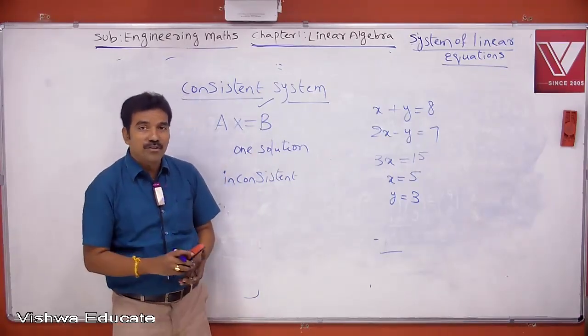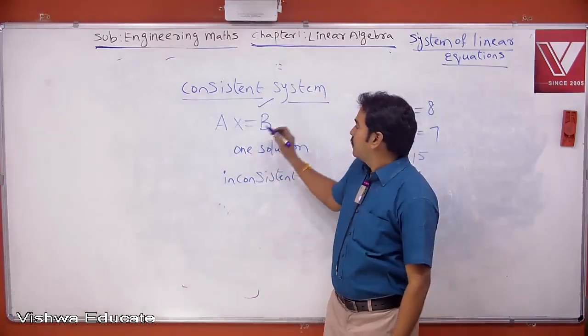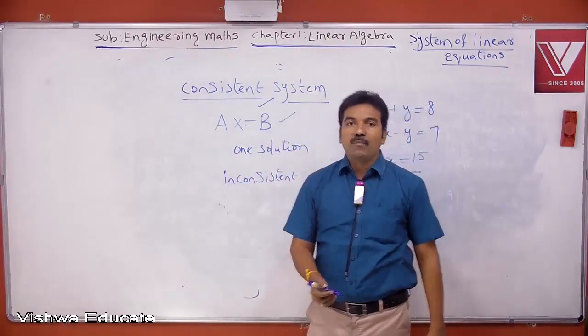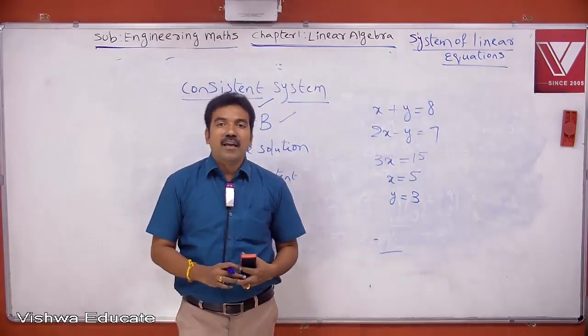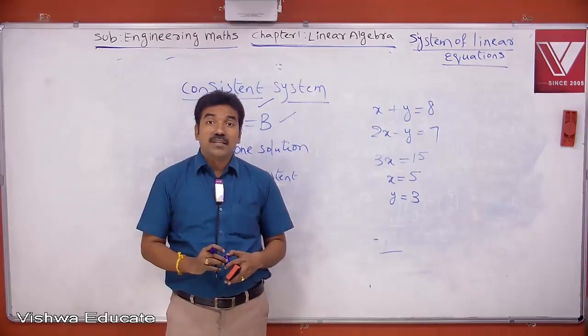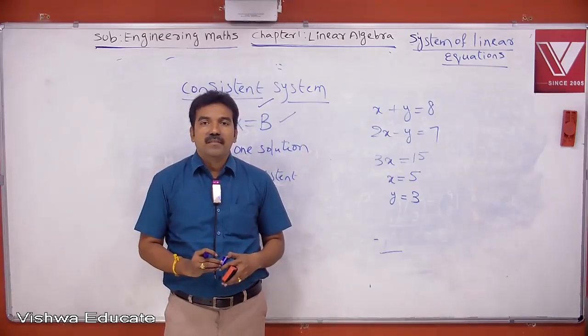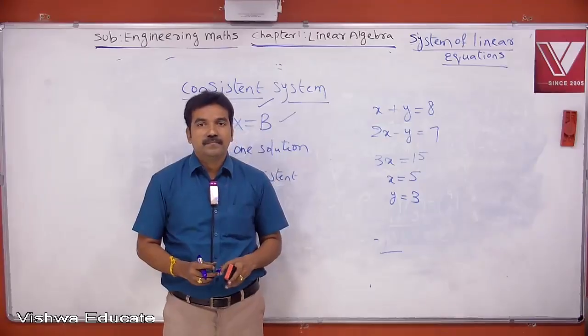Right? Note these points. If Ax equal to b has at least one solution, then it is called a consistent system.